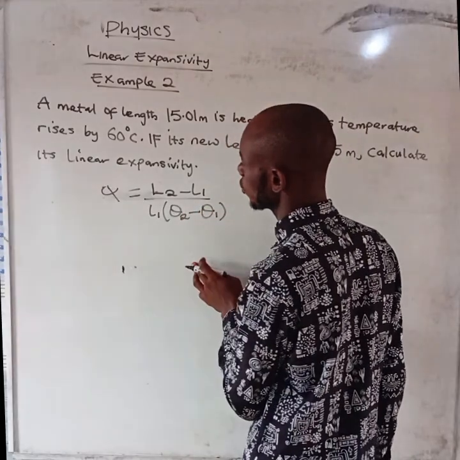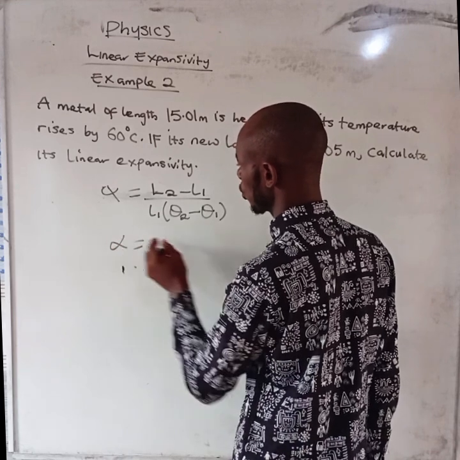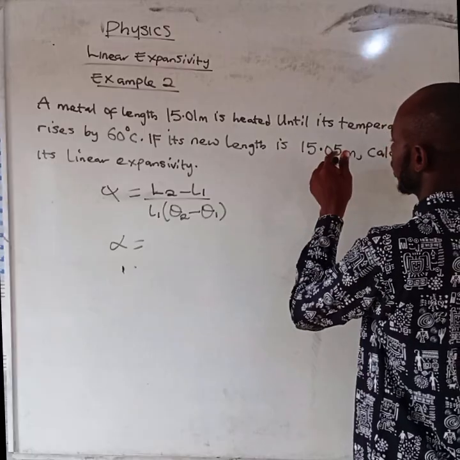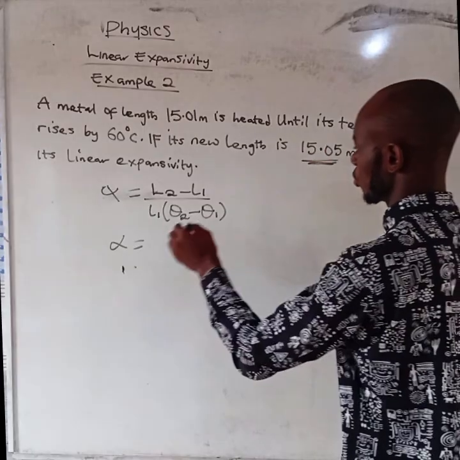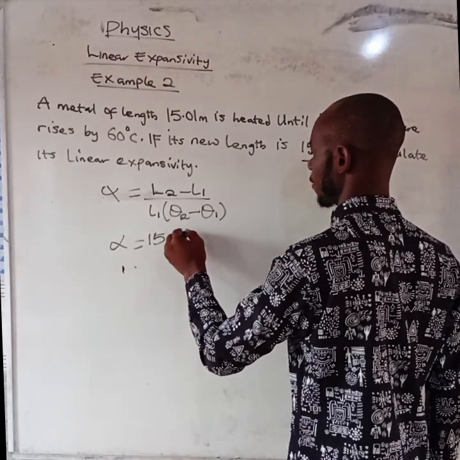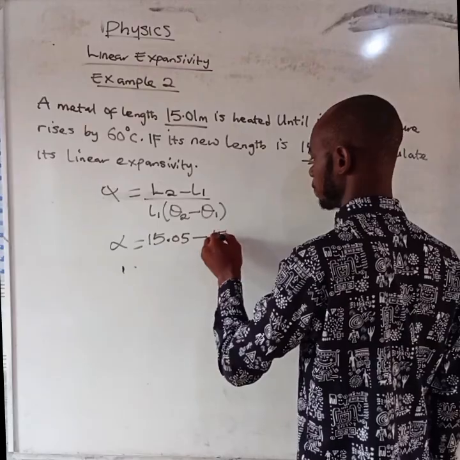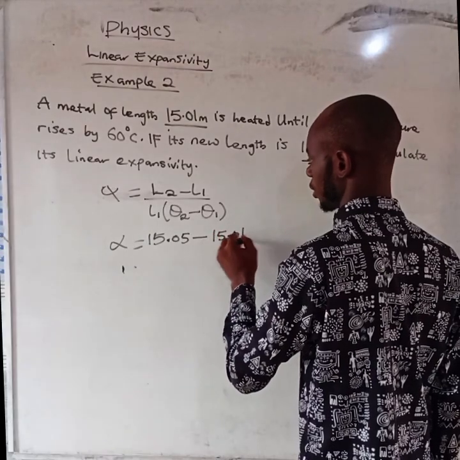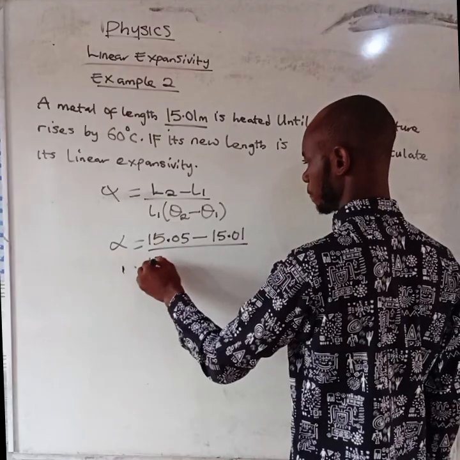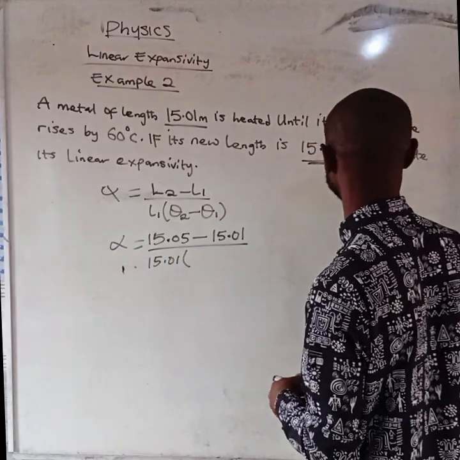So they say we should calculate linear expansivity alpha. This is the final length, 15.05, minus the initial length, 15.01, all over the initial length, 15.01, into the temperature.